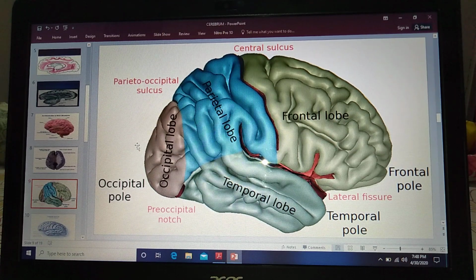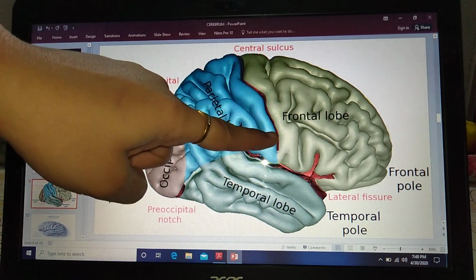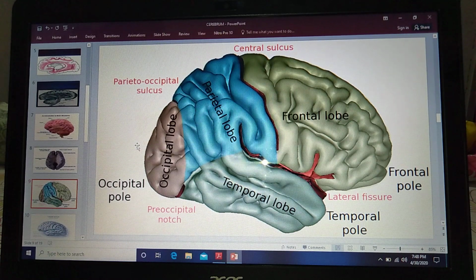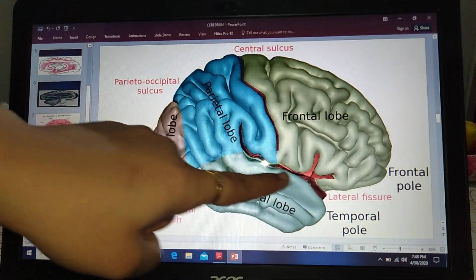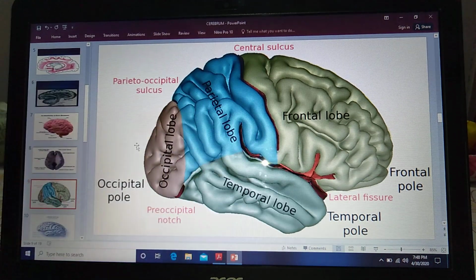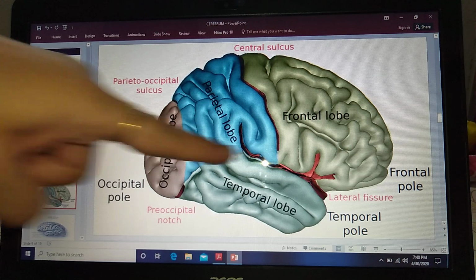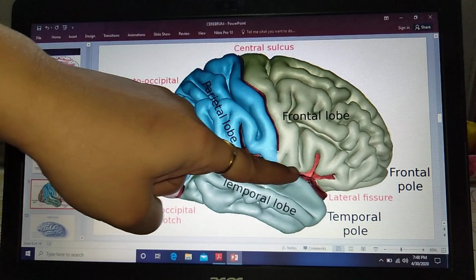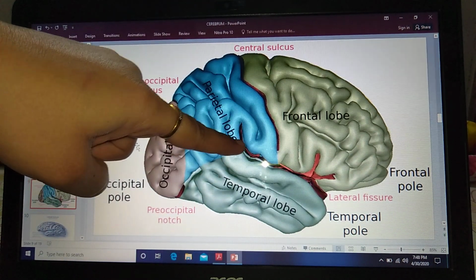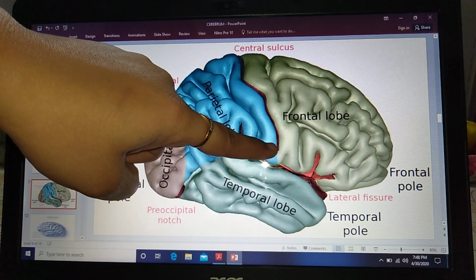It runs on the superolateral surface obliquely downwards and forwards and ends a little above the posterior ramus of the lateral sulcus or the lateral fissure, you can say, right? So this is the posterior ramus of the lateral sulcus. Okay, so it is ending a little above it, right?